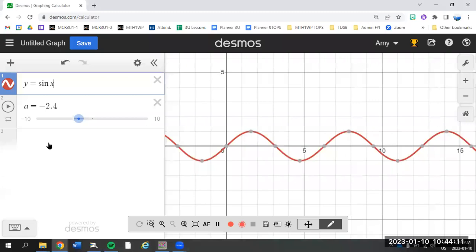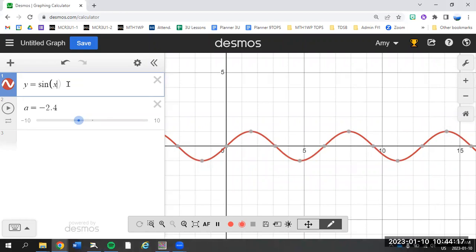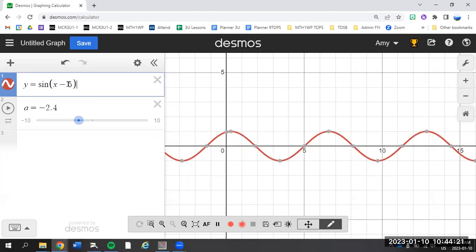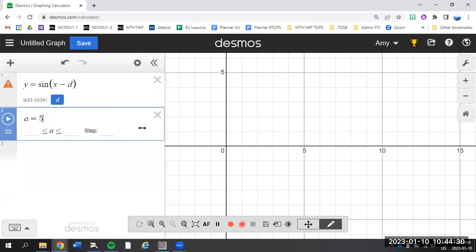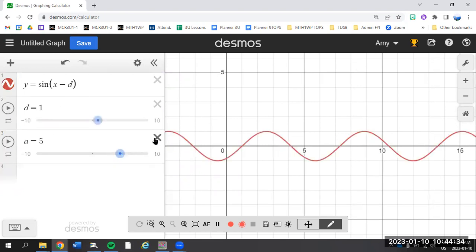So back to my graph here. Let's say that I'm going to start with x minus 5. Okay, so what is my D value right now? Hold on a second. Let me just change this to 5. X minus D. Okay, so right now I have no transformation.